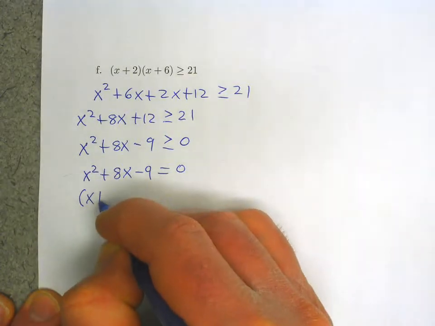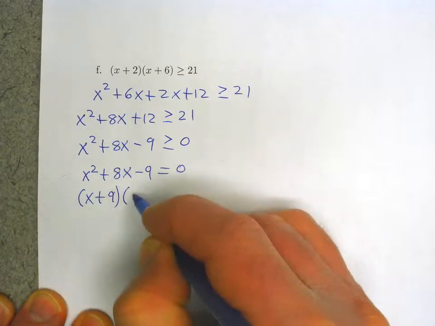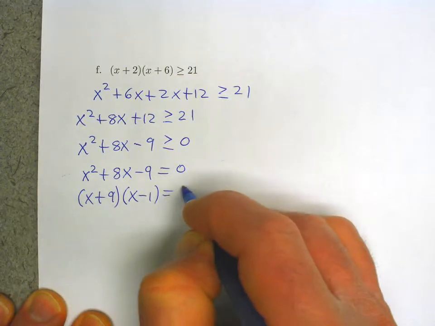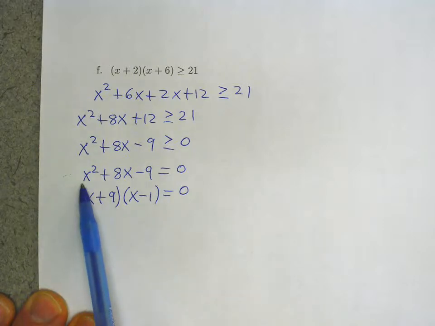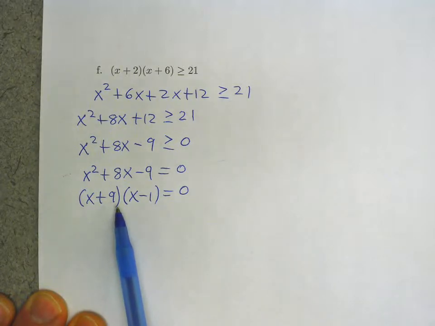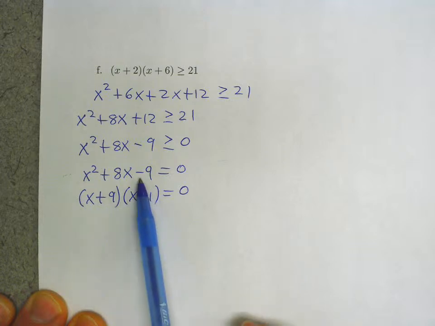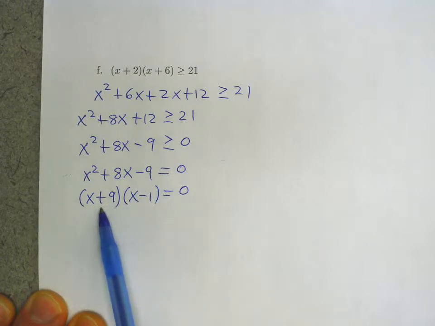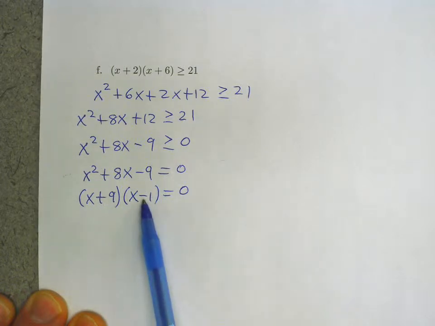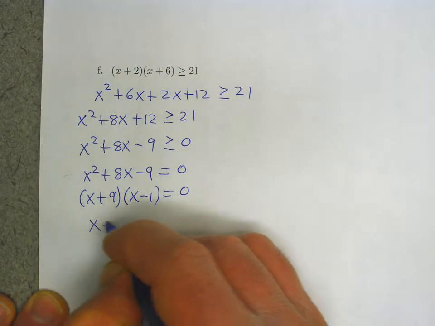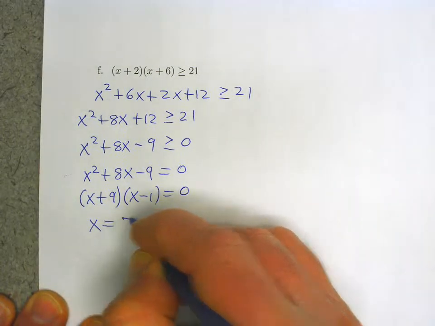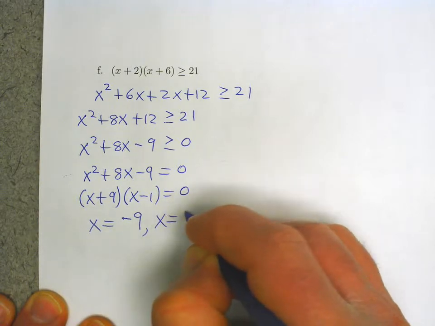One factor is x plus 9, the other one is x minus 1. Since the coefficient of the trinomial is 1, you can verify easily. 9 times negative 1 is negative 9. Positive 9 plus negative 1 is positive 8. Okay, so this has two solutions, x equals negative 9 and x equals positive 1.